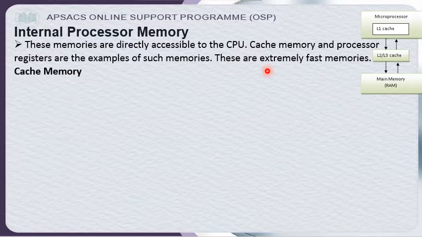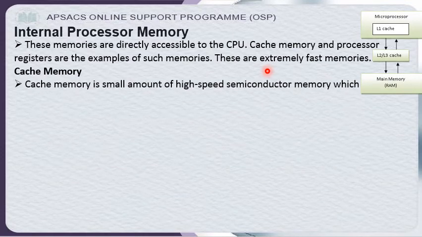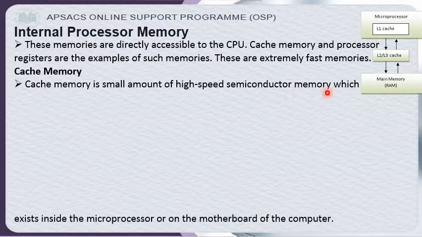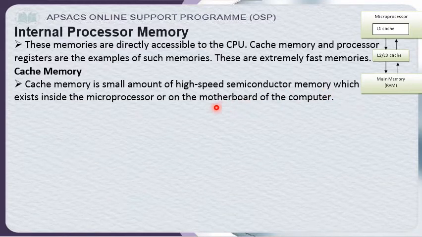So let's discuss cache memory. What is cache memory? Cache memory is a small amount of high-speed semiconductor memory which exists inside the microprocessor or on the motherboard of a computer. Here we can say that it is inside the processor, inside the microprocessor.